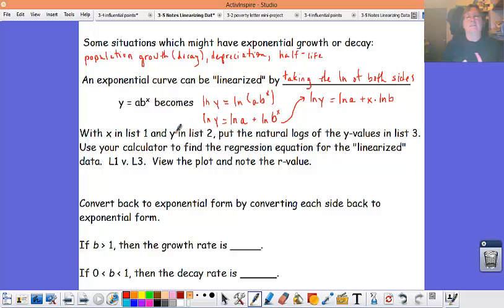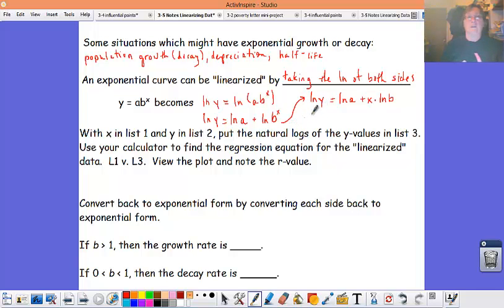So what I'd like us to do, we're going to see how you can do this in your calculator. So we don't have to actually take logs. We just had to get a little background in how to use them here. What we're going to do is put our data set in lists 1 and 2, and then we'll ask the calculator to take the natural log of the y values, because that's what we need here, the natural log of y.